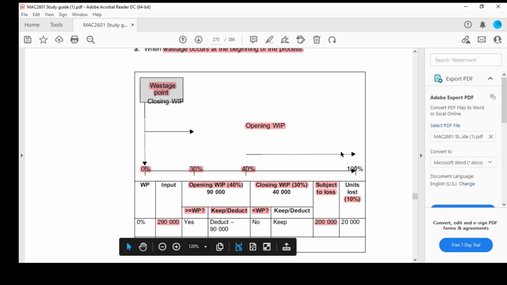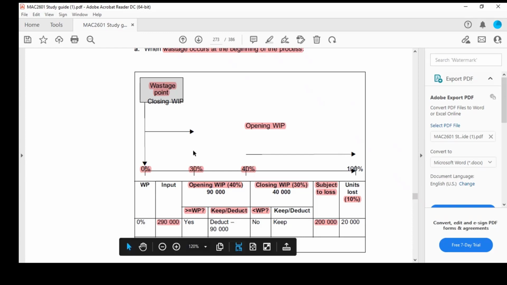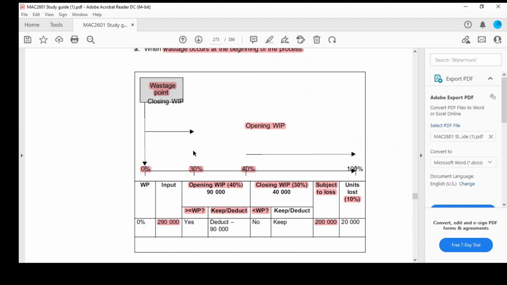Then they'll ask you, how much of the beans are we going to lose from them? 290,000 was the opening WIP. So after 200,000 that was put into production, the remainder 200,000 was subject to the 10%, which was the 20,000.